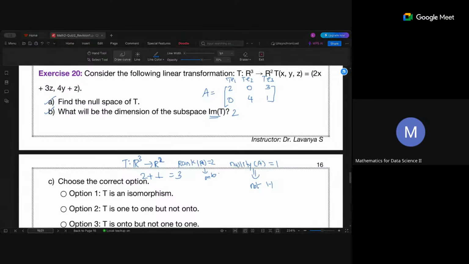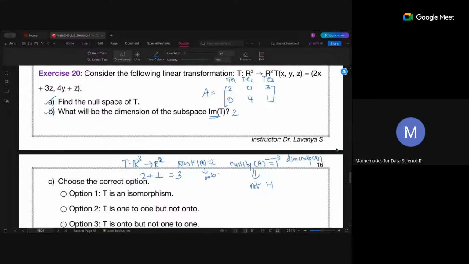No, ma'am. The definition of nullity, the way rank is given as the dimension of a subspace, in this way, the nullity definition. Nullity is dimension. Fine. Okay, ma'am. Thank you.